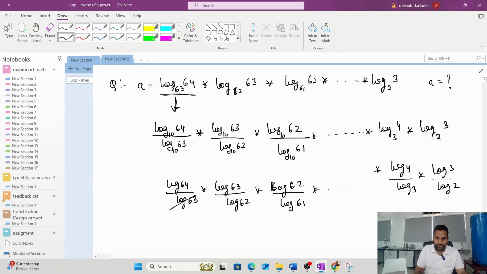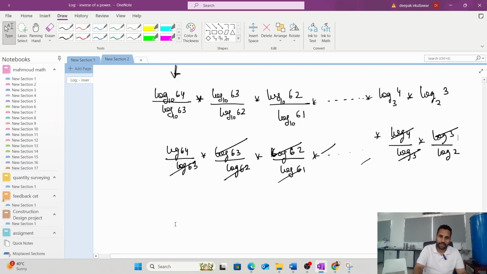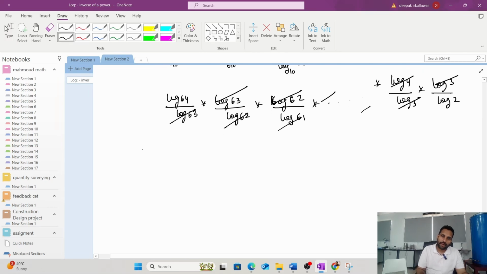This 63 will get cancelled out, 62 will get cancelled out, 61 will get cancelled out. Here you will have a 4, this 4 will get cancelled out, here you will have a 3 and this 3 will get cancelled out. So what is left here? Finally your a is left with log of 64 divided by log of 2.